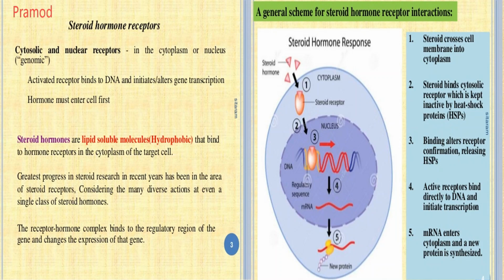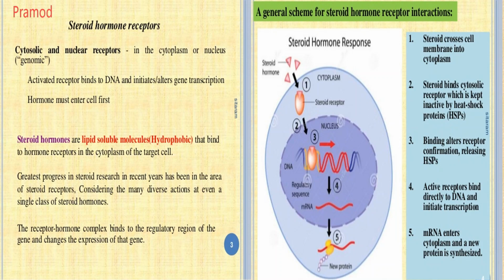So how does the steroidal hormone-receptor interaction work? The steroidal hormone, because of its hydrophobic nature, can easily penetrate the cell membrane and enter the cytoplasm. Then the steroid binds to a specific cytosolic receptor, which is kept in an inactive form by combining with heat shock proteins.